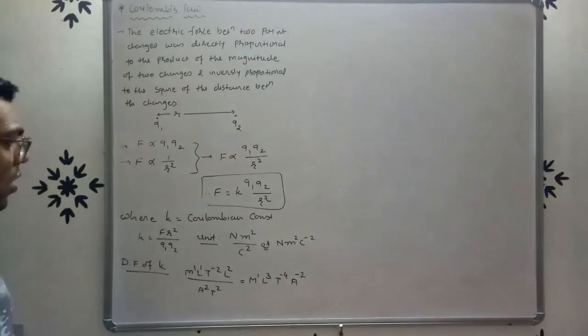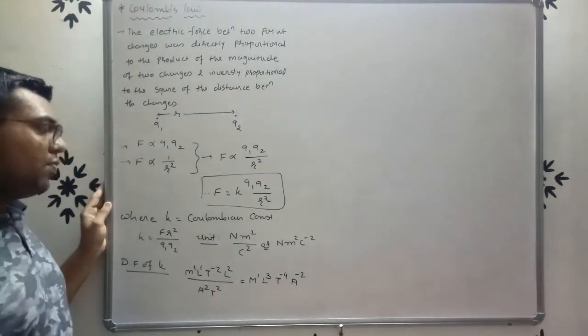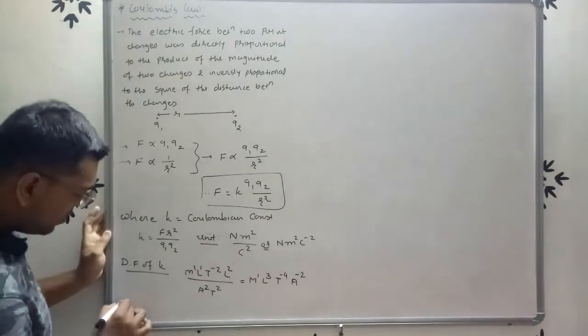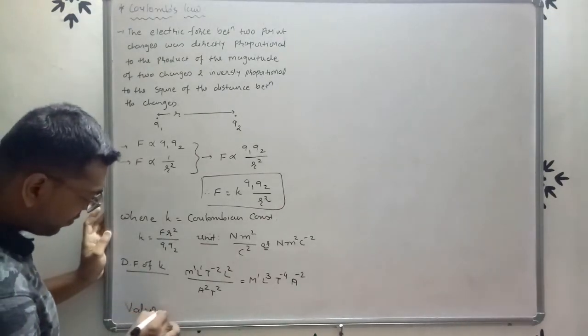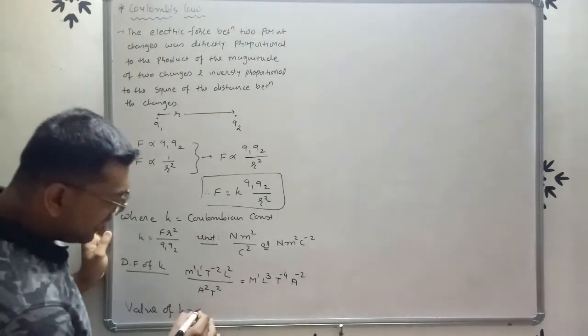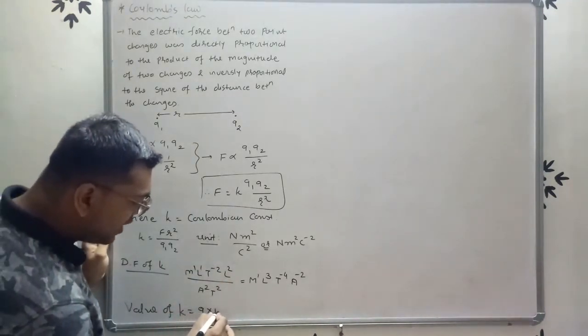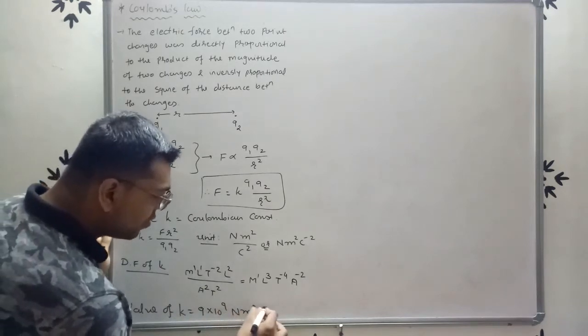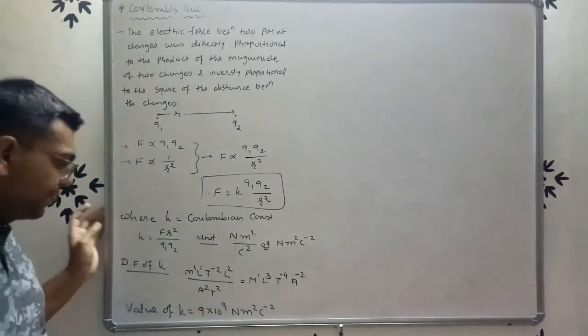Now, what is the value of the Coulombian constant? You have to remember the value of K. The value of K is 9 into 10 raised to 9 Newton meter square coulomb raised to minus 2.